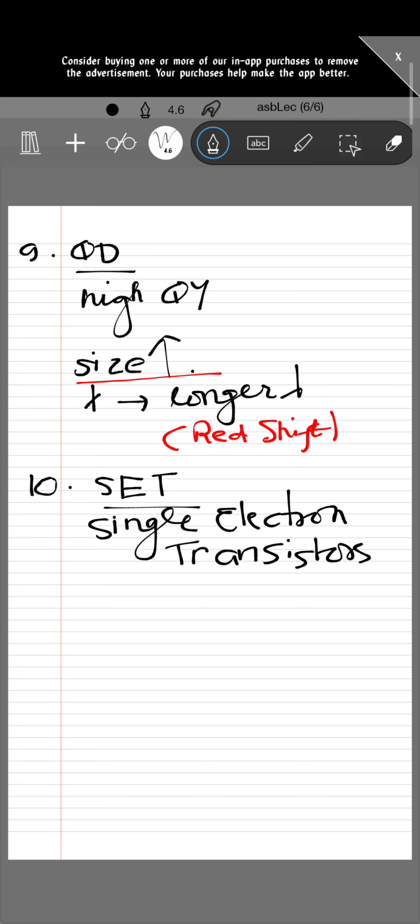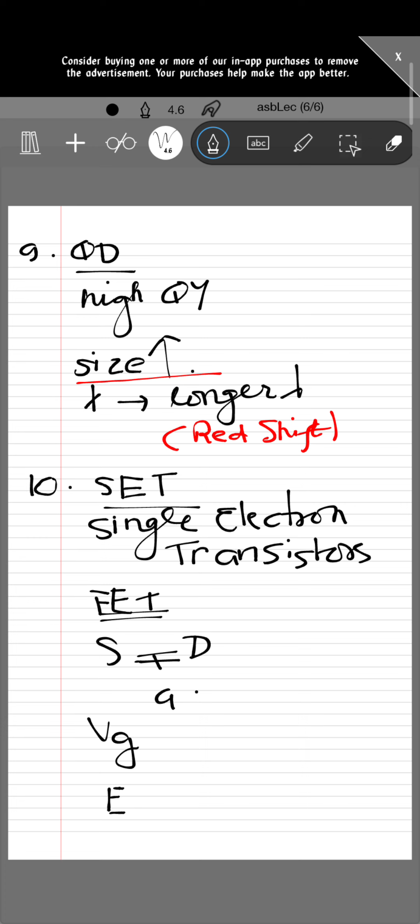Now, the transistor, as we all know, especially the field effect transistor, has the components: the source, the drain, and in between there is the gate. The voltage at the gate controls the flow between the source and the drain, and the voltage at the gate creates an electric field. That is why it is called a field effect transistor.